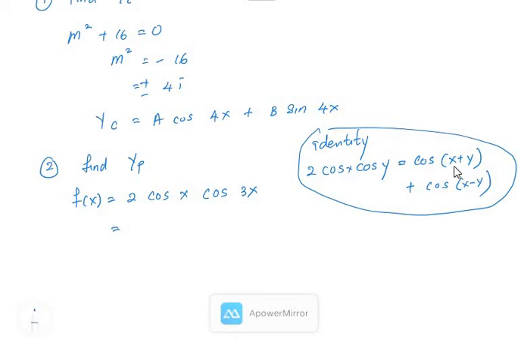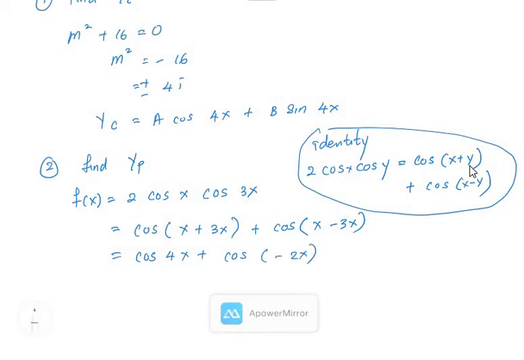So I will get cos of x plus y, where y is 3x, plus cos of x minus y, so x minus 3x. Therefore, there is a cos 4x plus cos negative 2x, which is equivalent to cos 4x plus cos 2x.